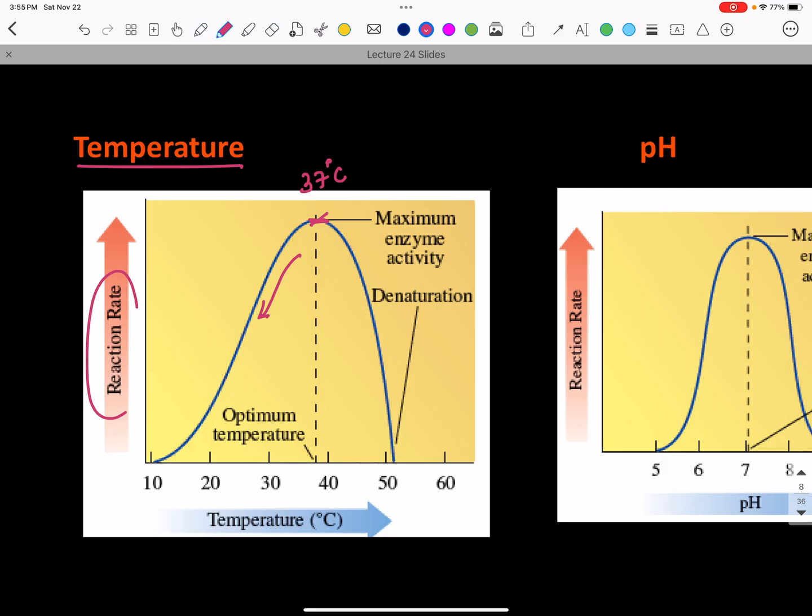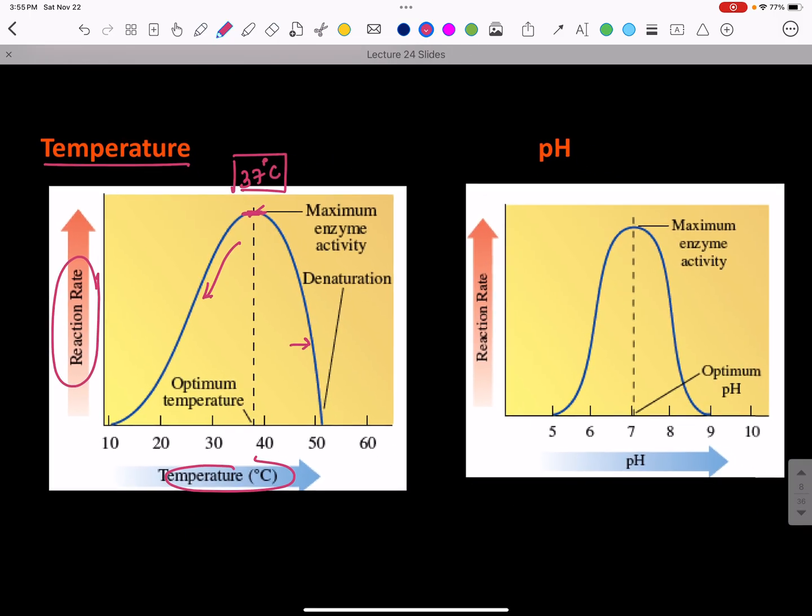Or if you increase the temperature on the right, again, there is a drastic drop in the activity of the enzyme. So as long as we maintain very close to the optimum temperature, the enzymes will be active. Anytime it goes on either side, the enzymes get denatured, which means they lose their tertiary structures, and therefore they cannot be active.